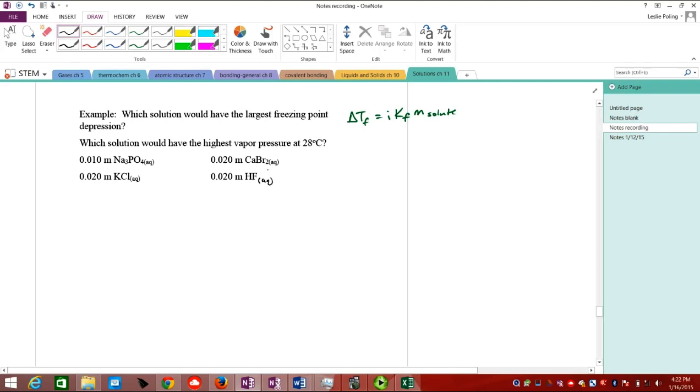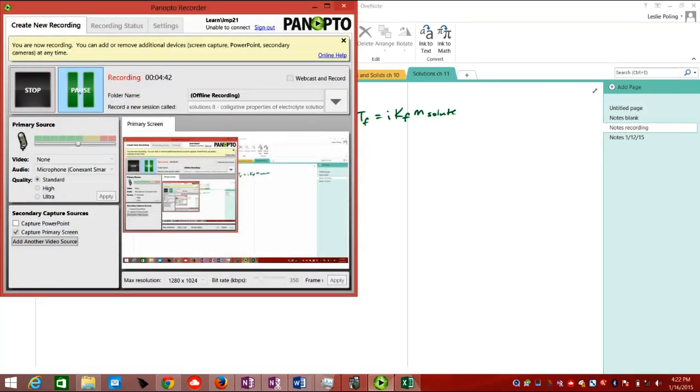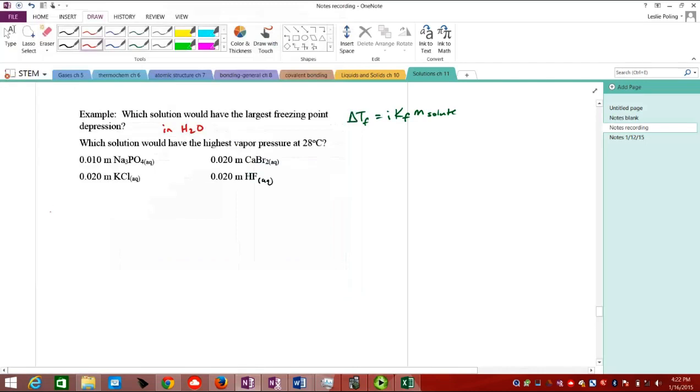These are all aqueous, so they're in water. Okay, Kf for water is 1.86 degrees Celsius times kilograms per mole.